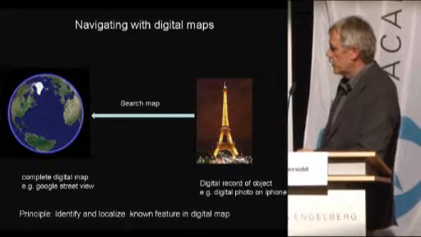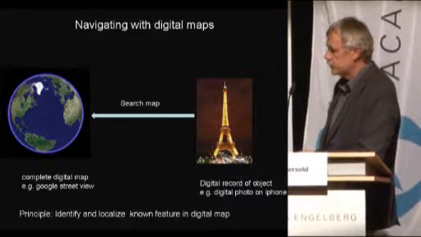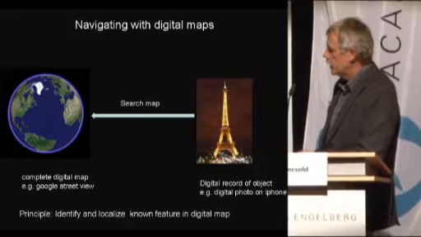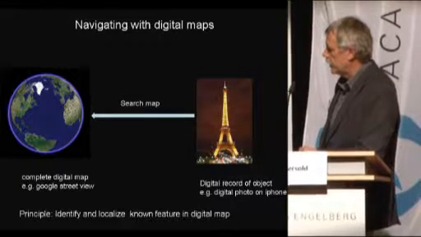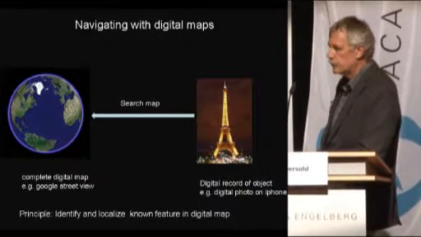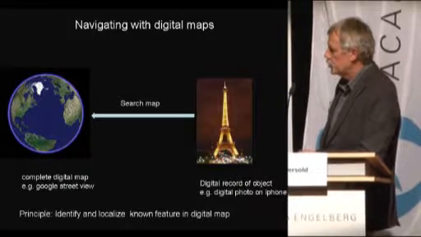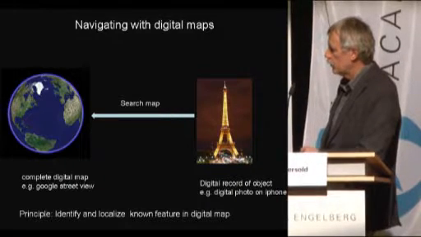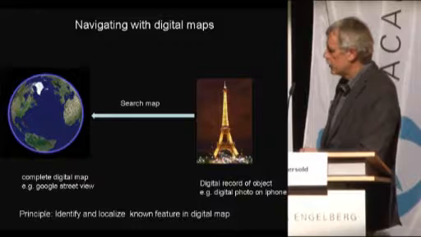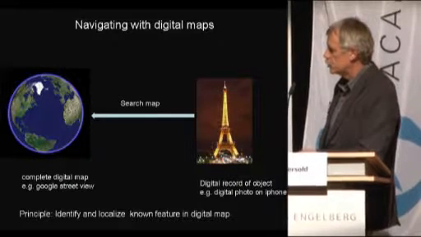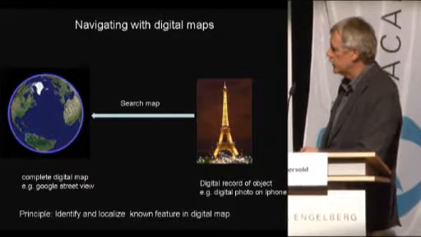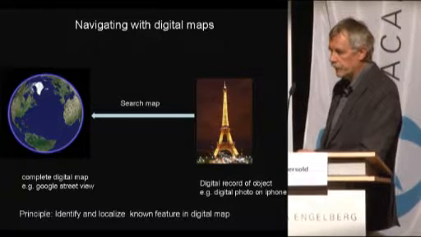So what we propose, and have to some extent implemented, is that we would generate, in analogy to Google Street View, for instance, or a satellite, a complete digital map of all the objects that are present in a particular space. In the analogy space here, this would be the Earth.